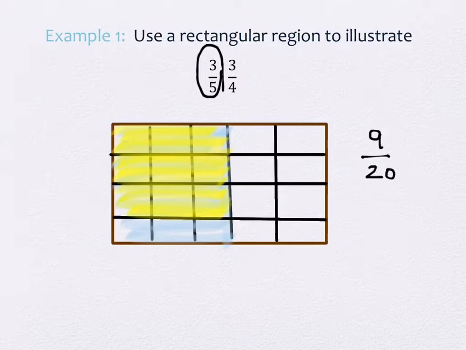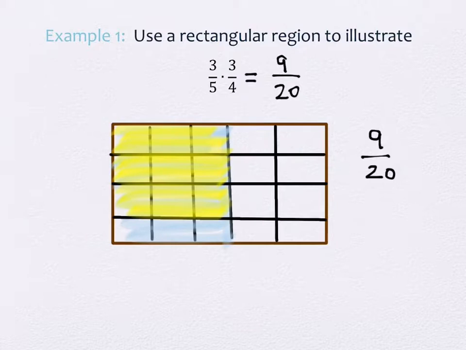So there's 9/20 that still remains, 9/20 that's double colored, however you want to think about this. And if you take a look back at the original problem, that's exactly what you get when you multiply straight across. 9 over 20. It's pretty cool, right? That's the picture.